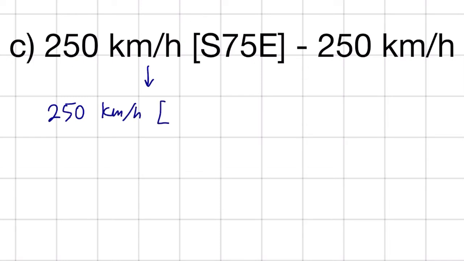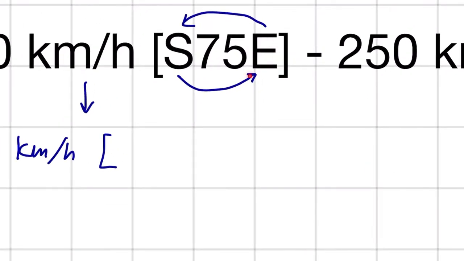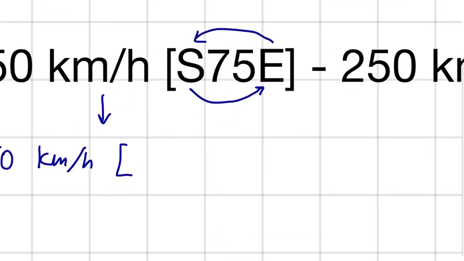And remember, what we're going to do here is swap the placements because we want our east or west at the front and our south or north at the back. In doing so, we need to do 90 minus 75 is equal to 15 degrees.